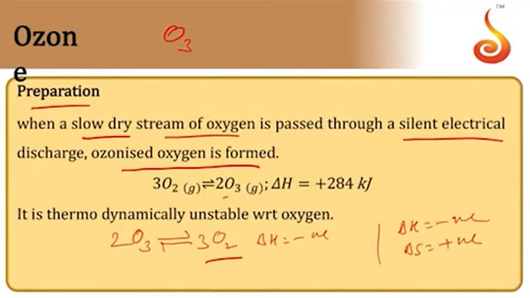These two results, delta H negative and delta S positive, will make a large negative value for delta G, and thereby the reaction progresses towards dissociation of the O3 molecule. Hence we say that O3 is thermodynamically less stable than the oxygen molecule.